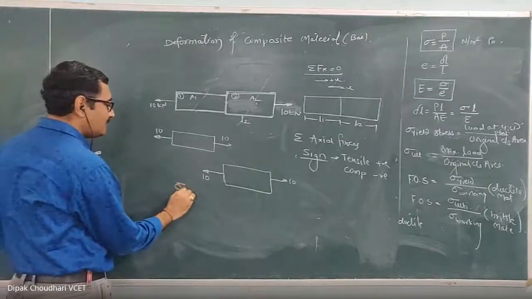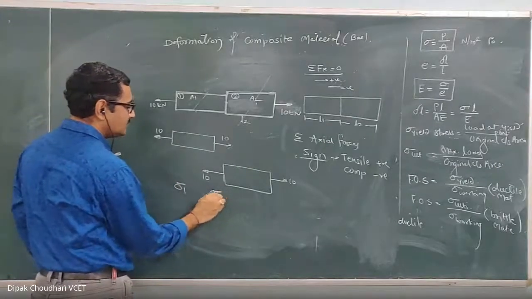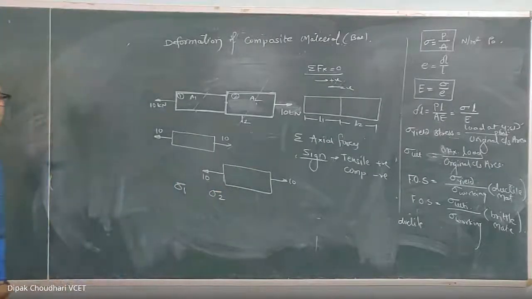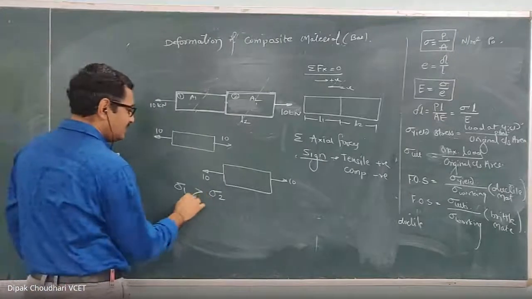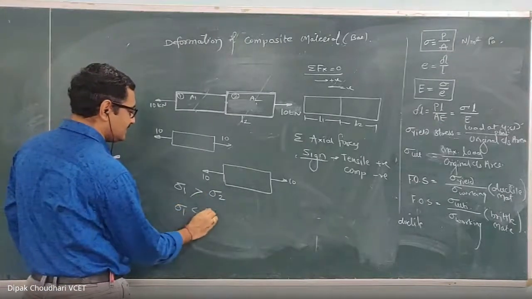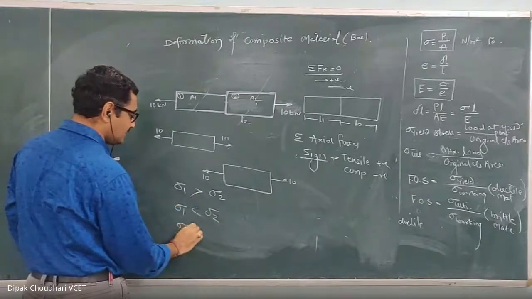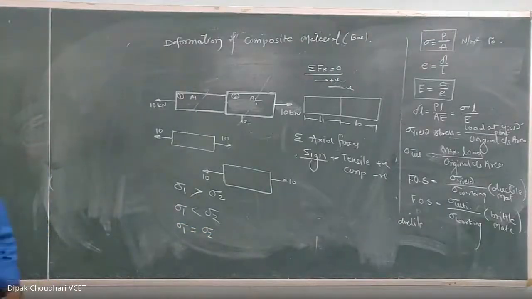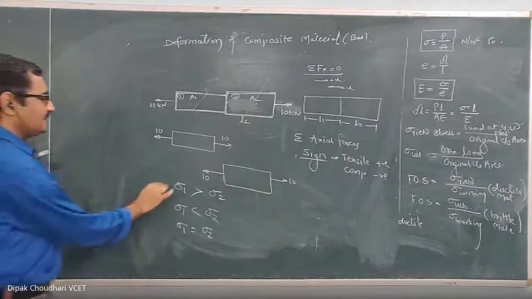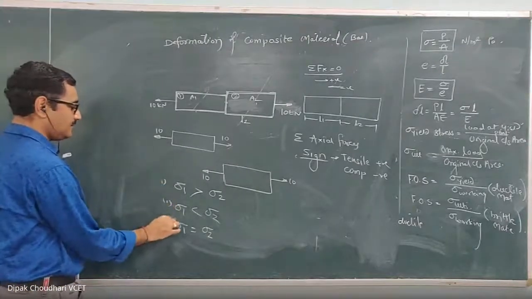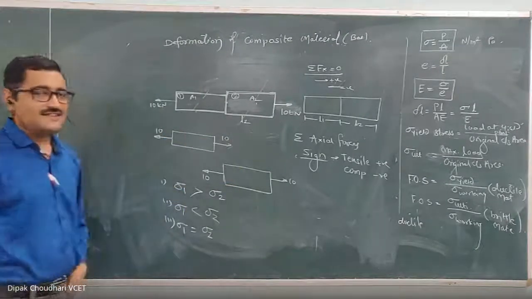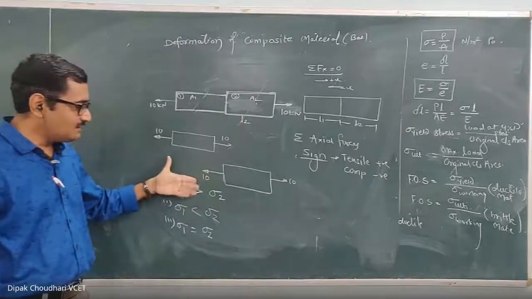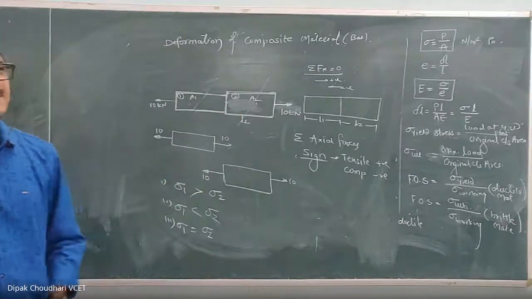Remember one thing, in both the parts axial forces are the same. In which part will the stress be more? What will be the relation between sigma 1 and sigma 2? Sigma 1 is greater than sigma 2, sigma 1 is less than sigma 2, or sigma 1 is equal to sigma 2? Tell me, answer my question. For the given situation, when the axial force is constant, in which part will the maximum stress be induced?